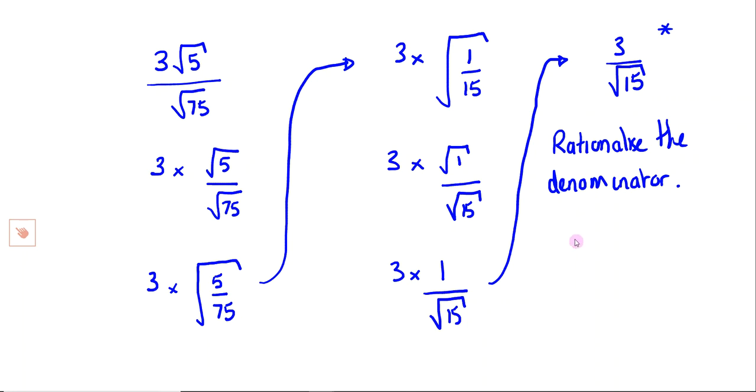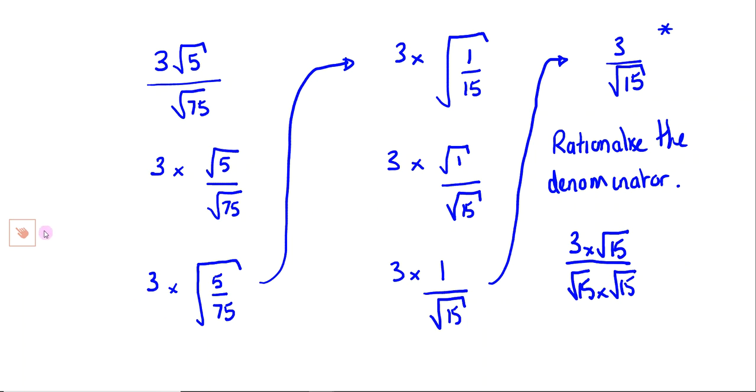So what could I multiply root 15 by to not make it root 15? Well, we already know. How do I get rid of root 15? I square it, but let's write it in a different way. How do I square root 15? I multiply by root 15. What do I have to do on top? Multiply by root 15.